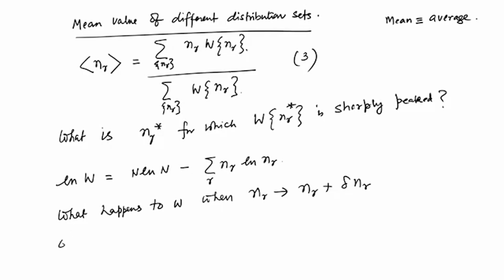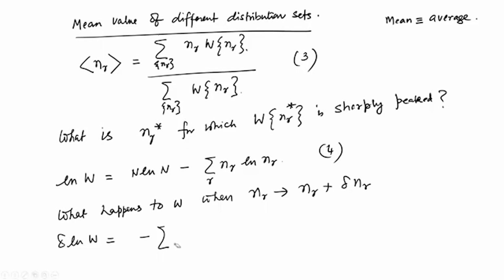So, it is delta ln W. Now, if you take the first term, the delta of the first term is equal to 0, so we will not write that, but now we will write N_R plus delta N_R times log of N_R.